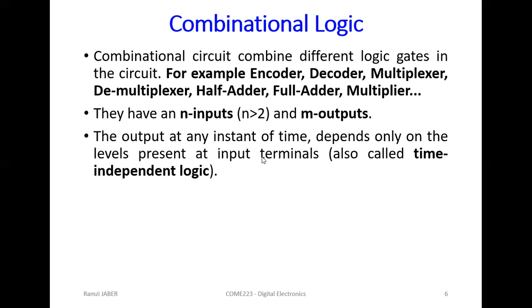The output at any instant of time depends only on the input, not on time. It's time independent logic. So there is no time here. We don't have memory. We don't store any information. For different inputs, we have different outputs. This is what a combinational circuit is.